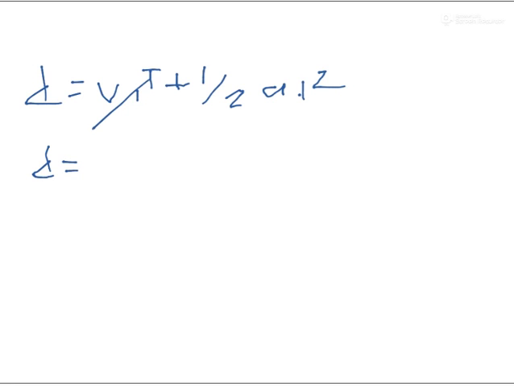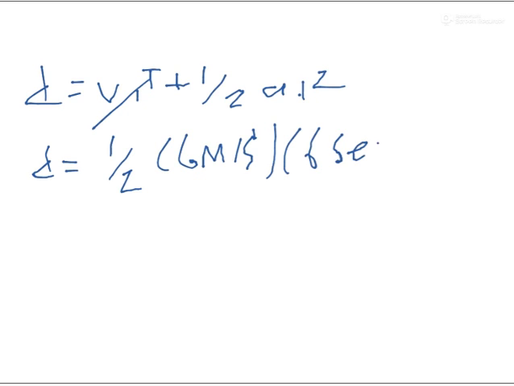So d equals 1/2 a t squared would come out to 1/2 times the acceleration of 6 meters per second squared times 6 seconds squared. So the displacement of the motorcycle from a stop is going to be 108.0 meters. So it traveled 108 meters.